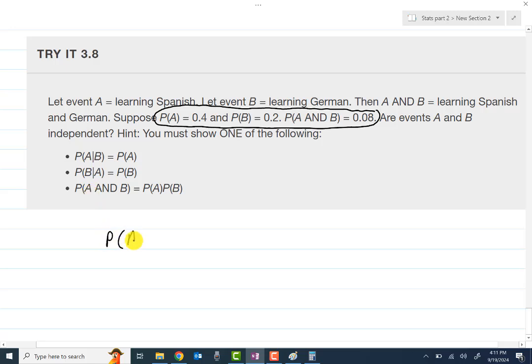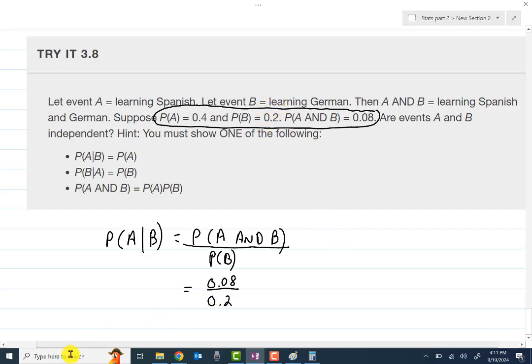P of A given B equals P of A and B divided by P of B. Let me plug in my numbers. The probability of A and B being true is 0.08, and the probability of B being true was 0.2.